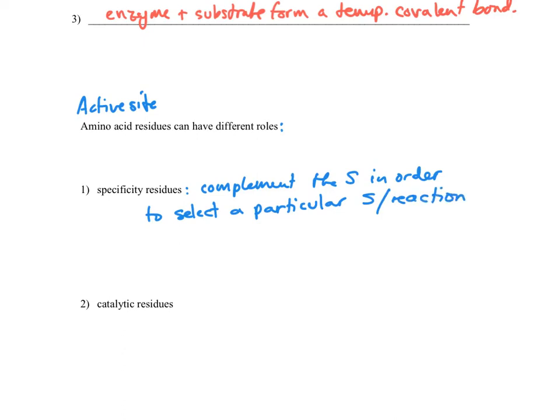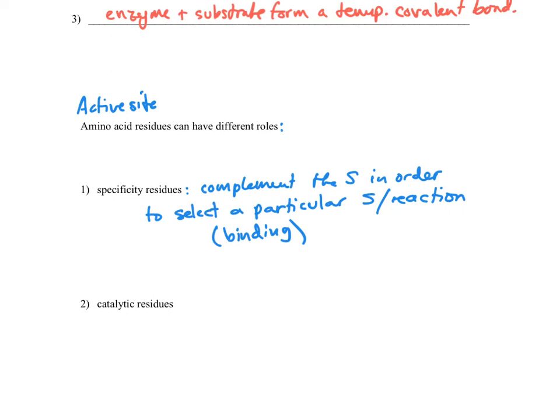It really doesn't have anything to do with the actual chemistry that occurs. This is all about binding. It's all about, does the key fit in the lock? Does the glove fit in the hand? If it doesn't, it won't bind and won't do any chemistry. If it does, it will bind and it will do chemistry.